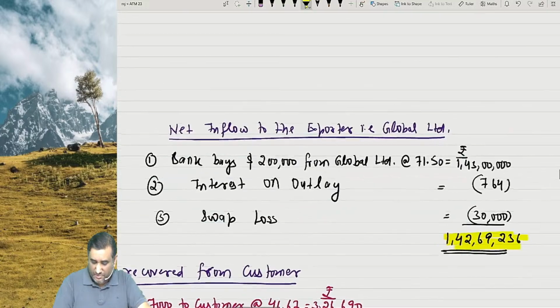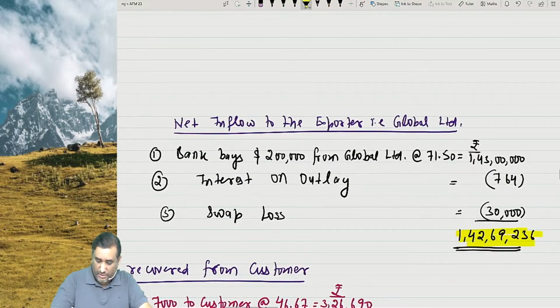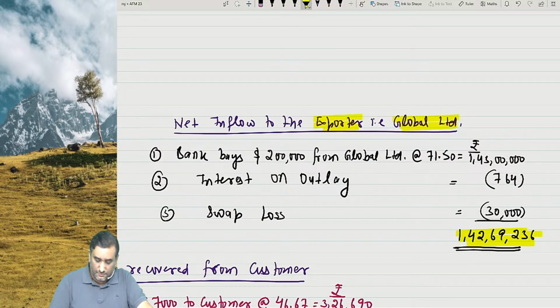This is my net answer. Net inflow to the exporter, that is Global Limited. Bank buys $2 lakh from Global Limited at the rate of what? 71.5. Interest on outlay 764. Swap loss.